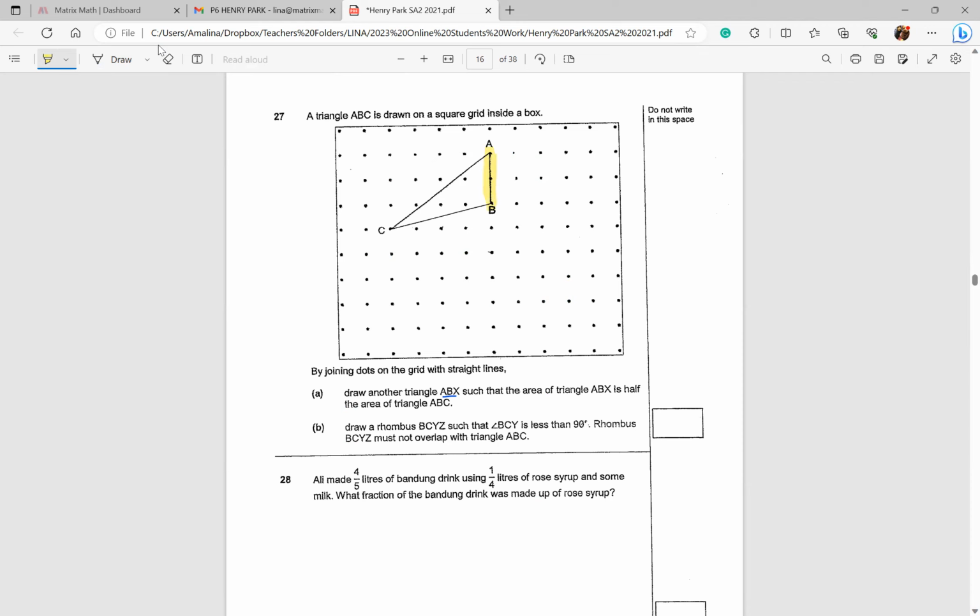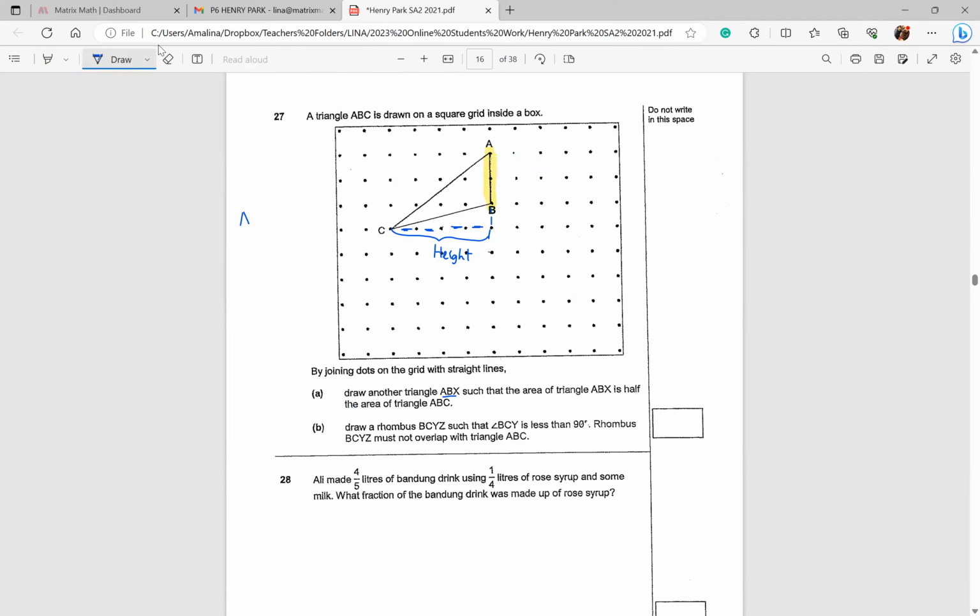Okay, now how do you find what's the height of this triangle ABC? If I want to extend my base, so I extend my base, right? You will realize that the height is actually this part. This is the height, which is how many units? 1, 2, 3, and 4.